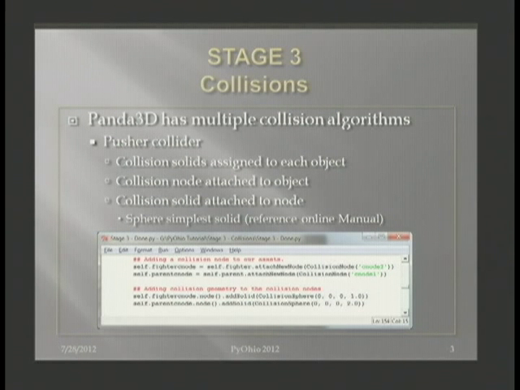And to each of those collision geometries, we need to associate a collision node that is under that model. And of course, the simplest geometry to detect for collisions is the sphere.